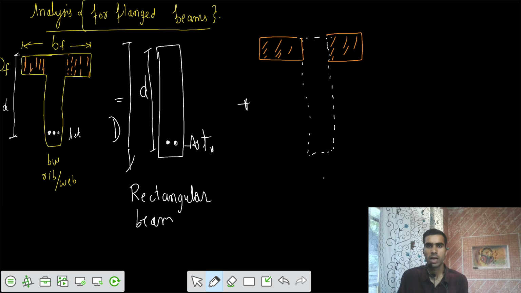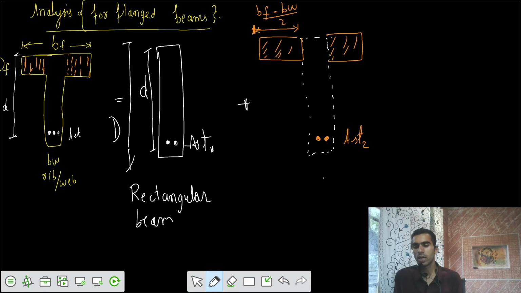This part of the concrete has a dimension of BF minus BW by 2. And there's some steel provided here, AST2, and we have some concrete also at the top portion.